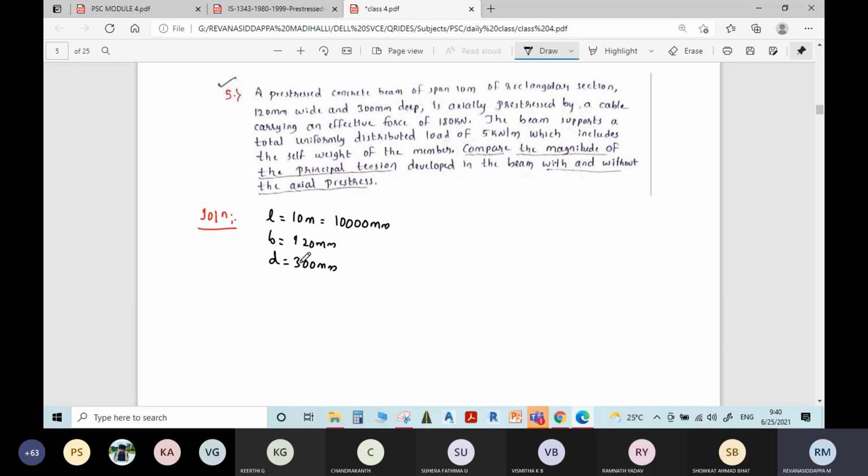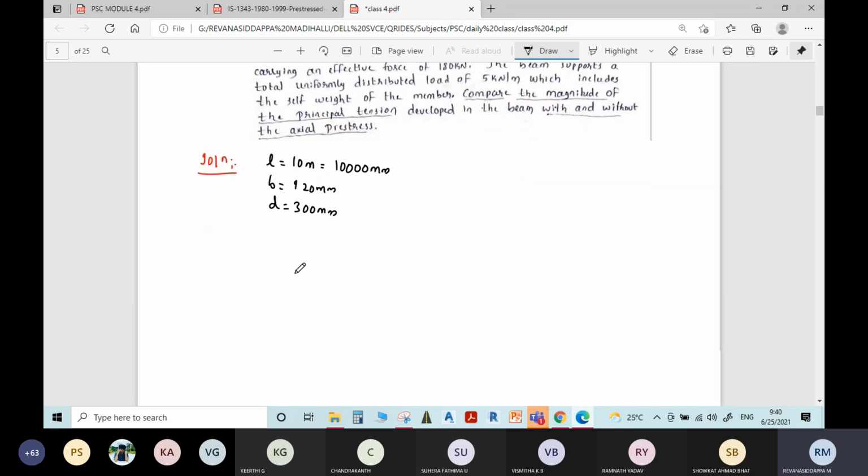Axially pre-stressed by a cable carrying effective force of 180 kilonewton. P is given, 180 kilonewton. Then the beam supports a total uniformly distributed load of 5 kilonewton per meter. Load UDL is equal to 5 kilonewton per meter.